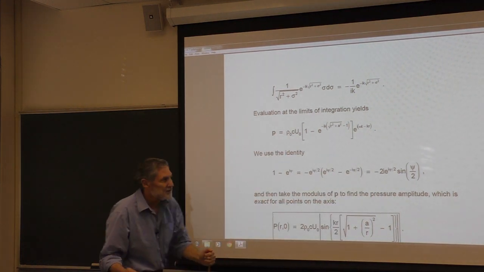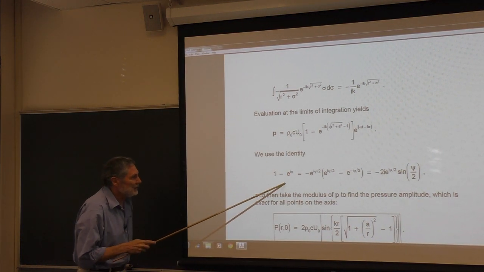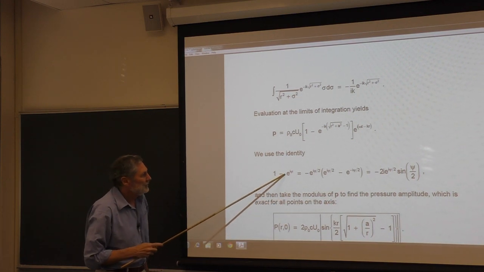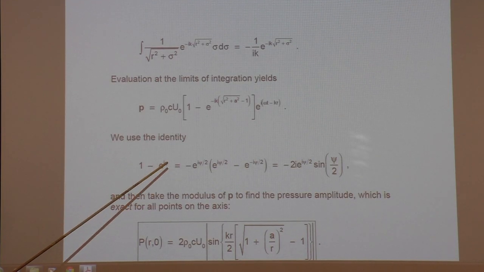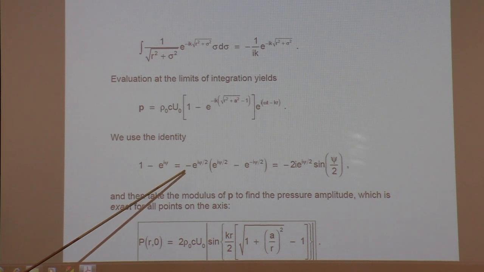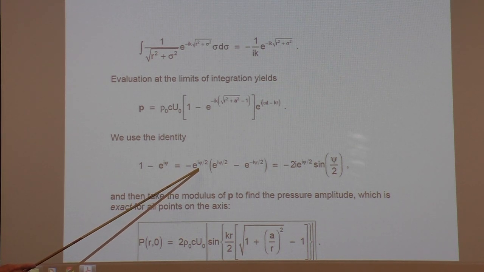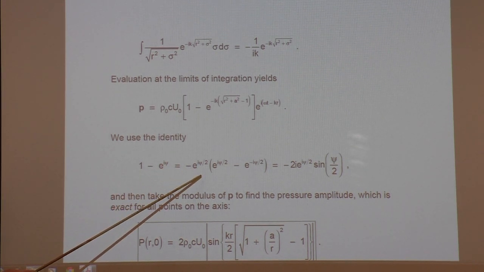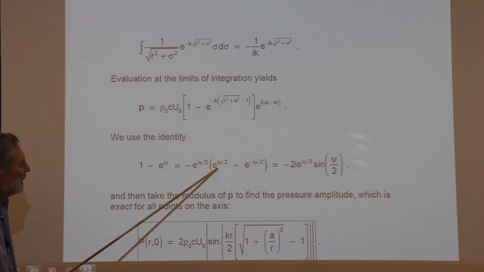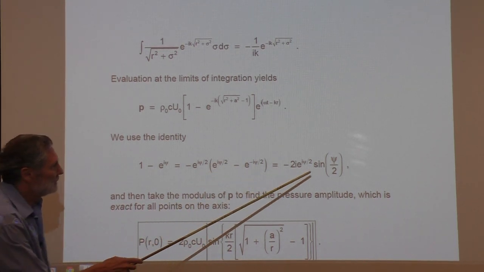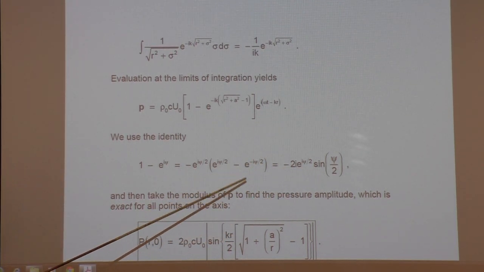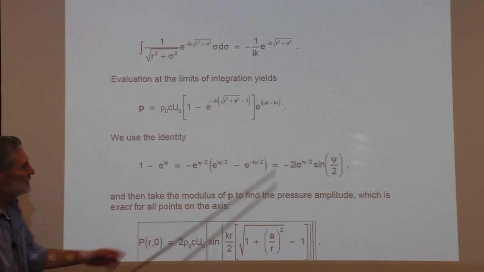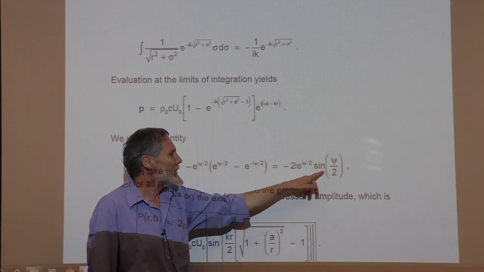Well, it's not obvious. So we're going to use this identity, and I proved it for you right here. It's not real obvious, but you can factor out this half angle here. And this is going to be 2i times the sine of the half angle. The reason we do that is, when we take the modulus, this just goes away, and we're left with this sine here.